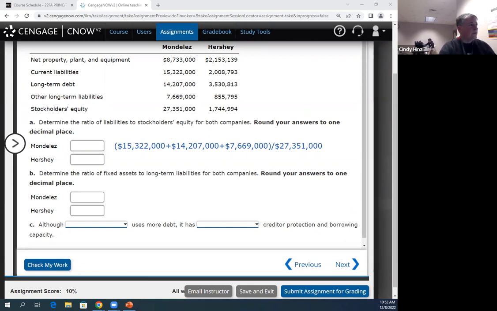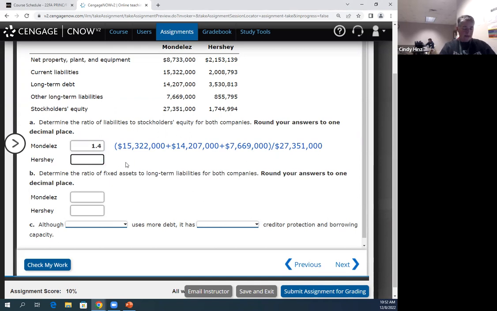So what did you get for that? Anyone get an answer for that? 1.4, that's what I got, 1.36 rounds to 1.4. Okay, go ahead and do the calculation for Hershey then.